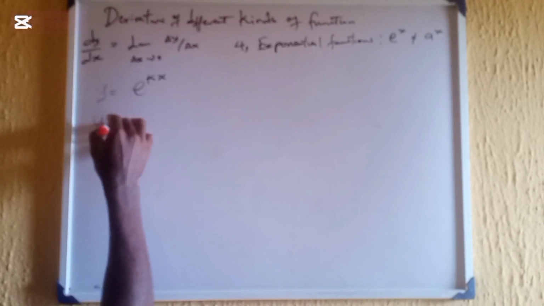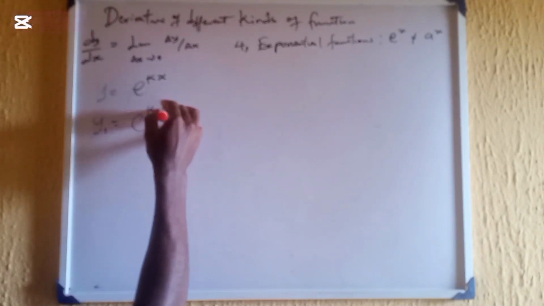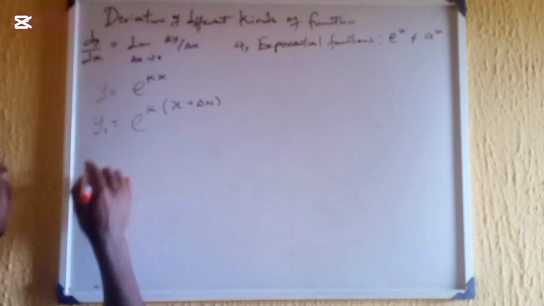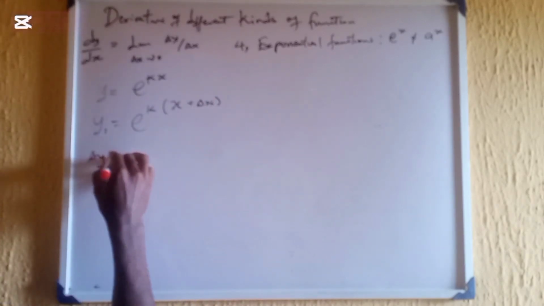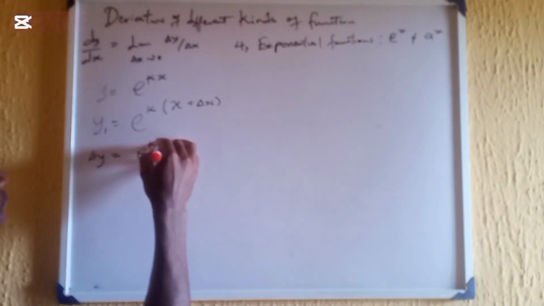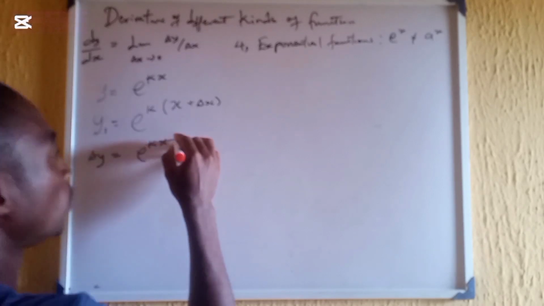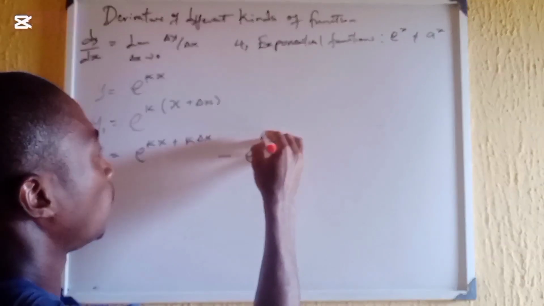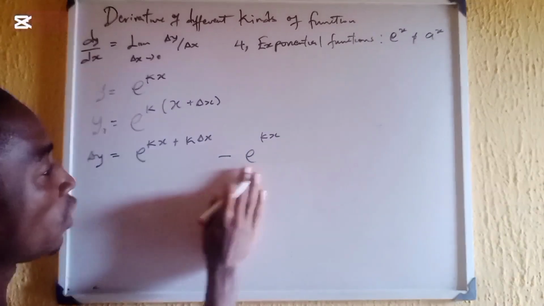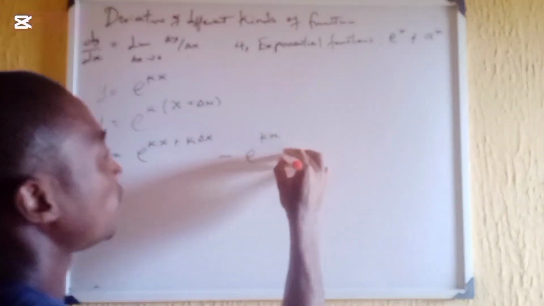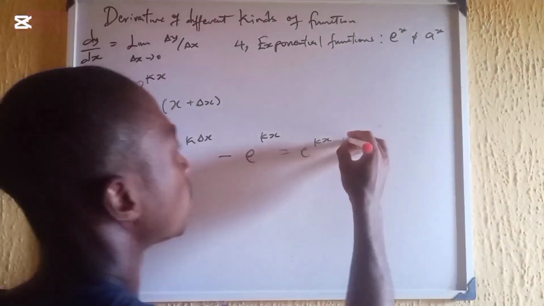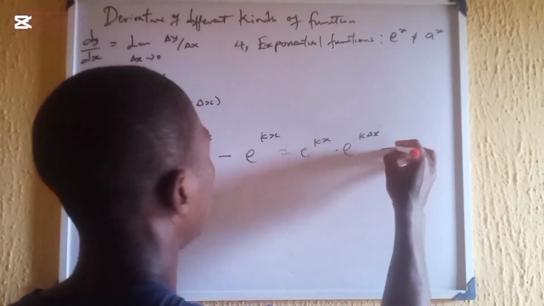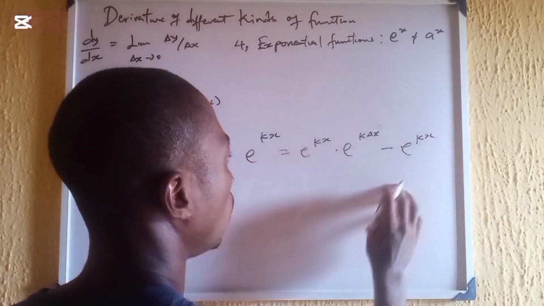We'll be having y1 equal to e to the power k, open bracket, x plus change in what? x. So your change in y will now be e to the power kx plus k change in x minus e to the power what? kx. So you can see that we have a common factor when we expand this. We'll be having e to the power kx into e to the power k change in x minus e to the power kx.